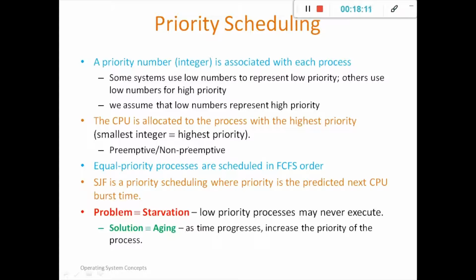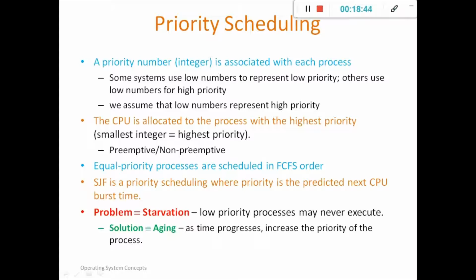In the other way, priority may be assigned externally by the person who submits the job to the computer system or to the server, based on the urgency of the application or based on the type of the user.